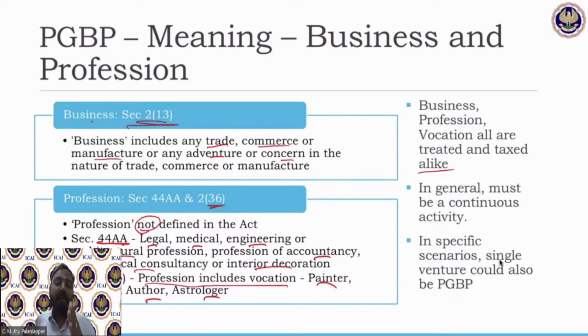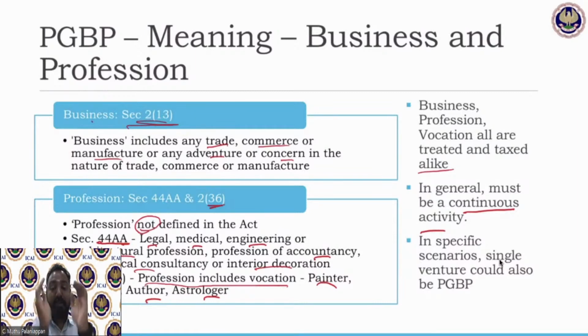Next year, the year after that. So it's like a going concern, right? So that's what you think. Typically, a business is supposed to be a continuous activity, but it is not a mandatory requirement, which means even one single transaction could still be called business if you categorize it as a trade, commerce, or a manufacturing activity.